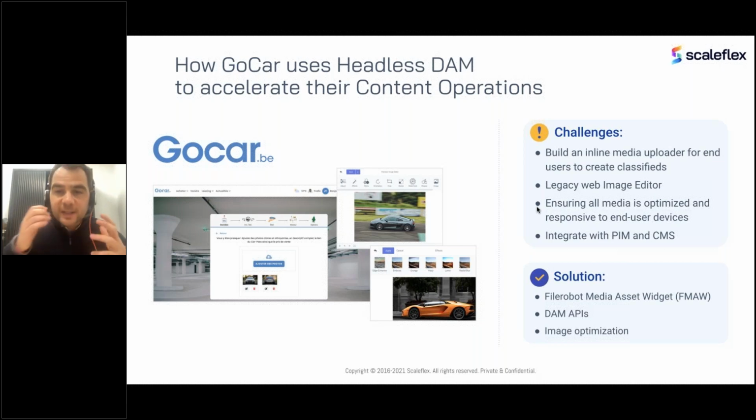And this is where the Headless DAM approach with our widget, and you have here a screenshot of the widget, provided the solution that met all the requirements by combining a nice widget with our DAM APIs and our image optimization algorithms to help with solving the responsive images challenges that they had.